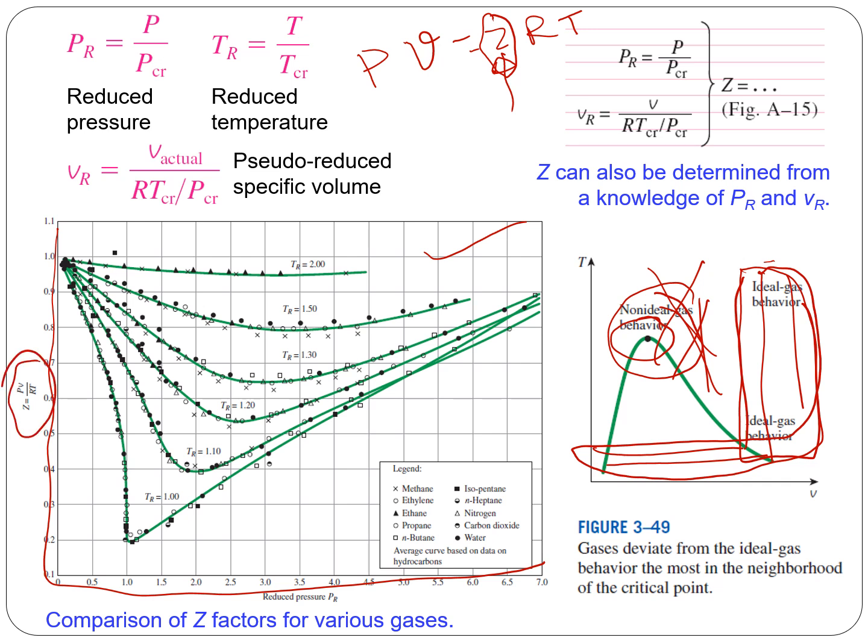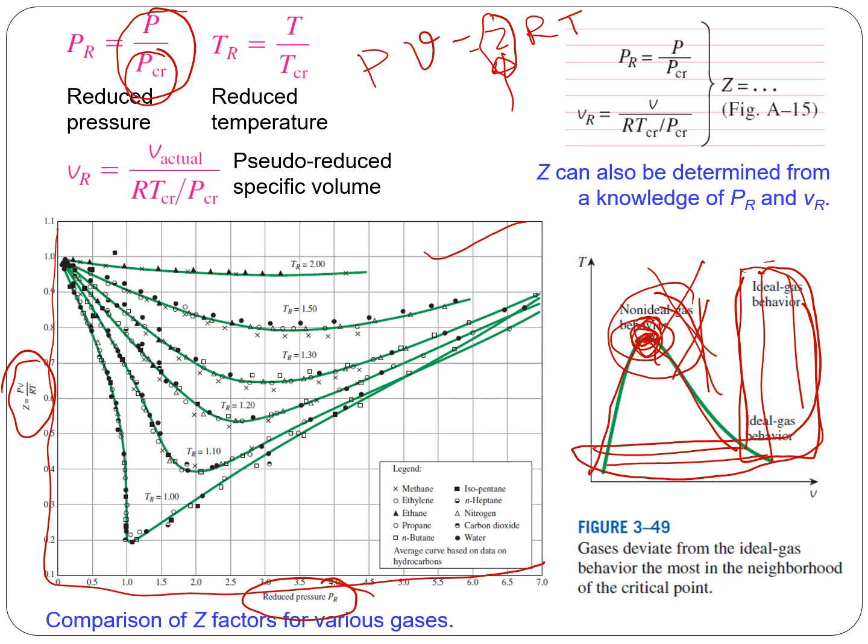The y-axis is Z, and the x-axis is reduced pressure, and reduced pressure is P by P critical, where P critical is the pressure at the critical point. The critical point is where the saturated liquid line and saturated vapor line intersect.